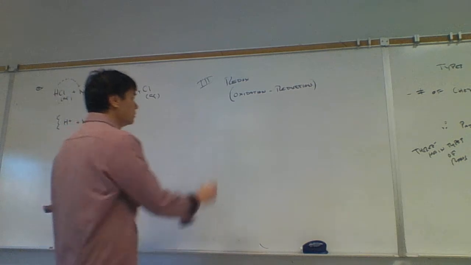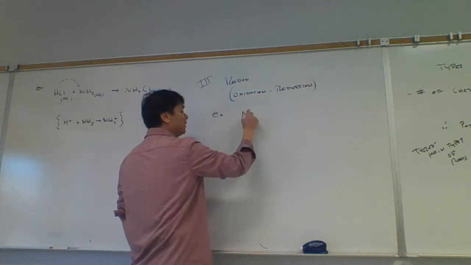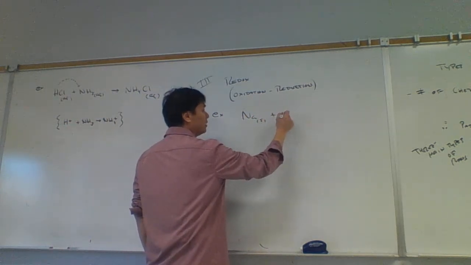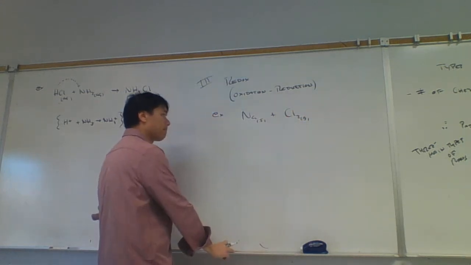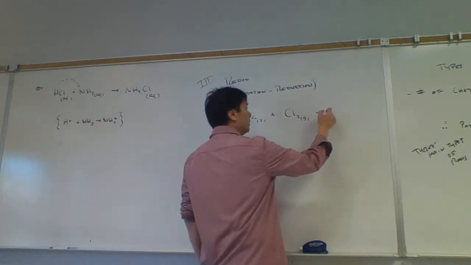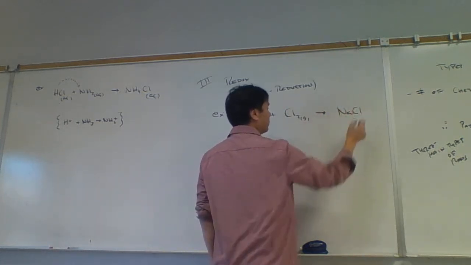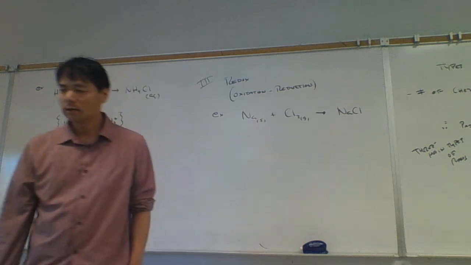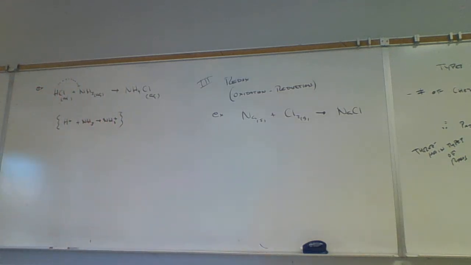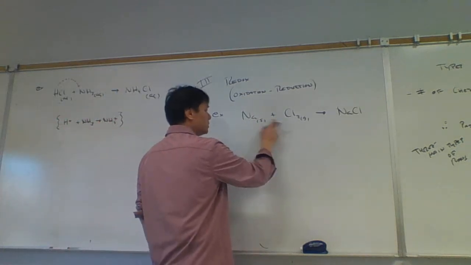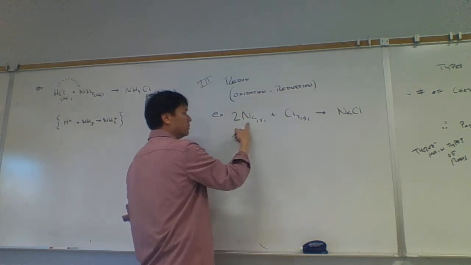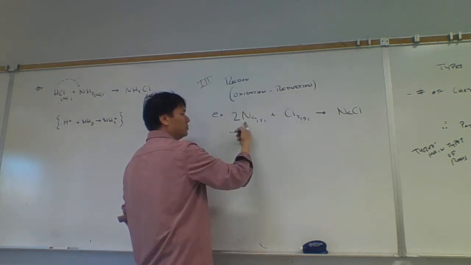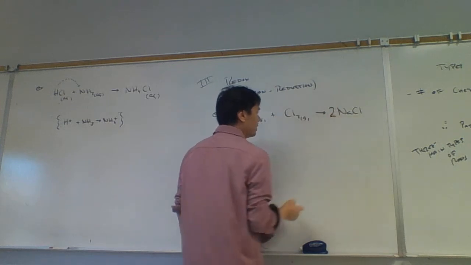Let me show you with an example. If I take sodium metal and react that with chlorine gas, I will form sodium chloride. This is not balanced, so to balance it, for every Cl2 I'll need 2 sodiums, and I'm going to form 2 NaCl.